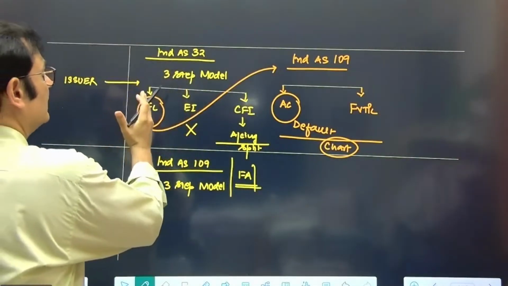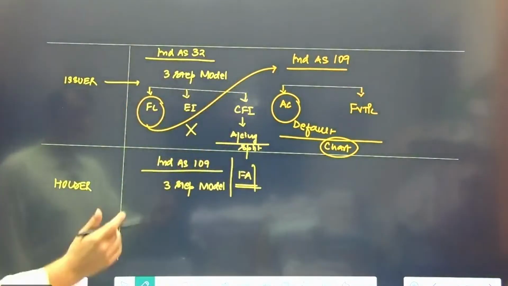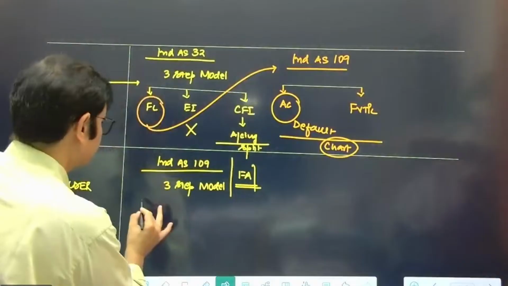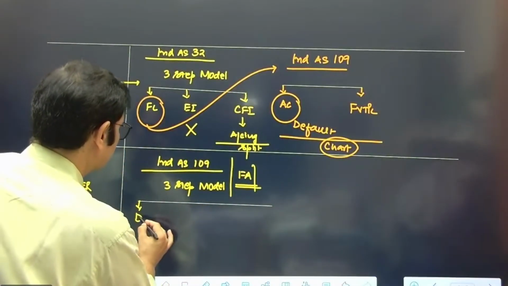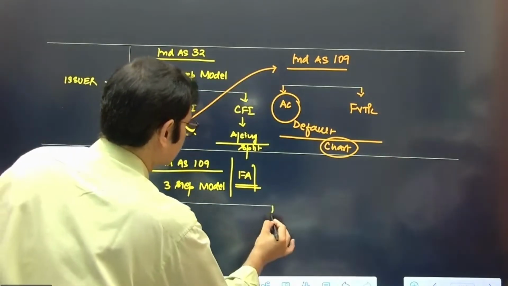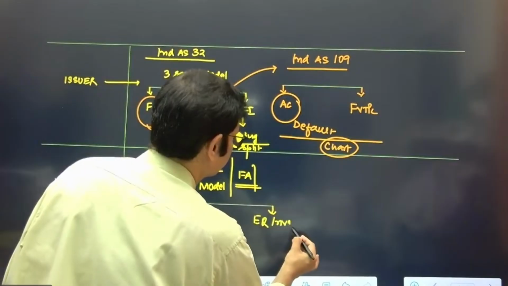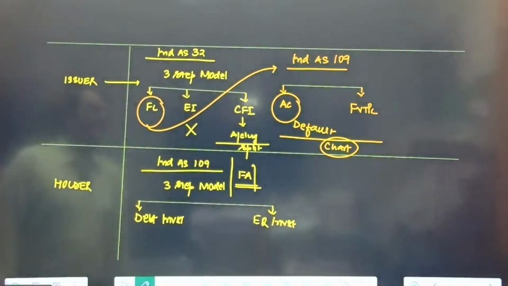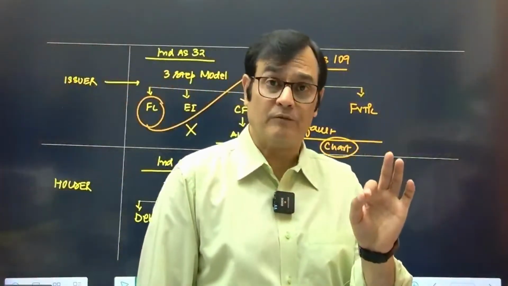Whether it is liability, equity, or CFI, he lands up saying it's a financial asset. But then we segregated this broadly into two categories: debt investments and equity investments. So all the financial assets could be broadly classified as debt investments and equity investments.